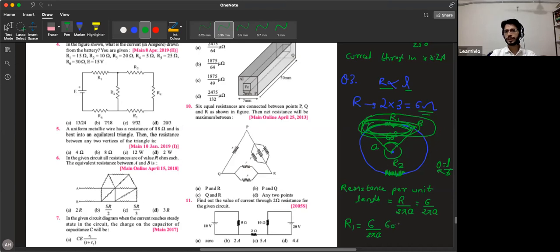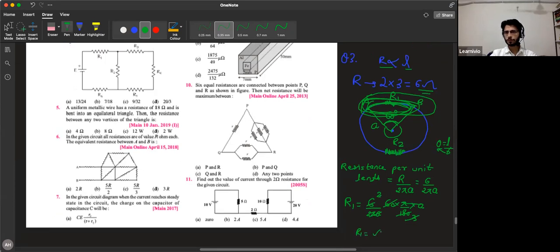Convert 60 degree into radian: 60 into pi by 180. Then multiply it with the radius A. So this will get cancelled out. Pi A will cancel pi A, 2 will cancel 2. So R1 will be 1 ohm. Yes, R1 will be 1 ohm.